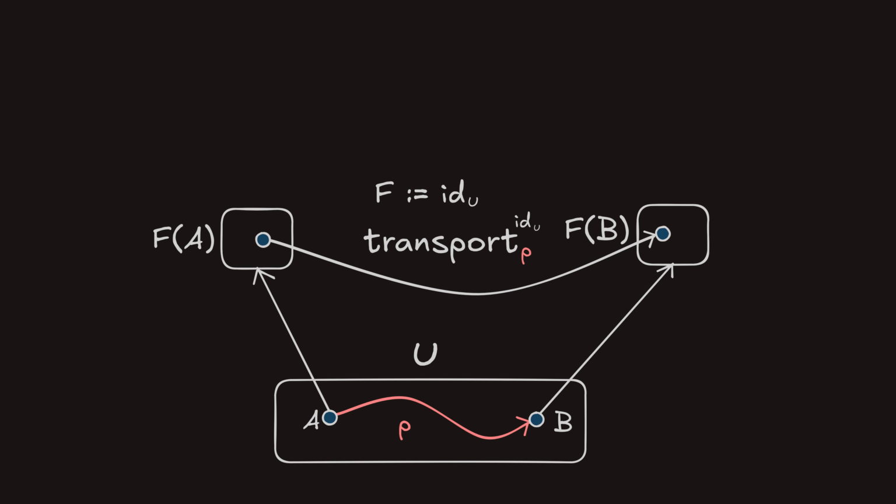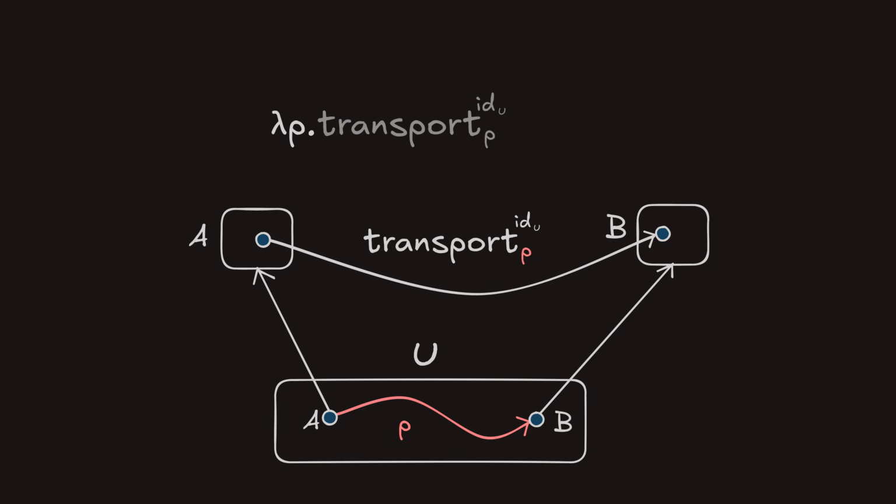In that case, the transport function maps a term in A to a term in B. In other words, given a path from A to B, we can construct a function from A to B. In fact, this function is an equivalence, and we can prove it using the path induction principle, where the base case maps refl A to the identity function of A.